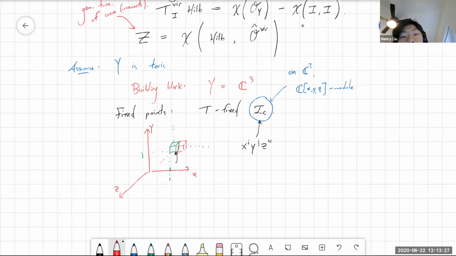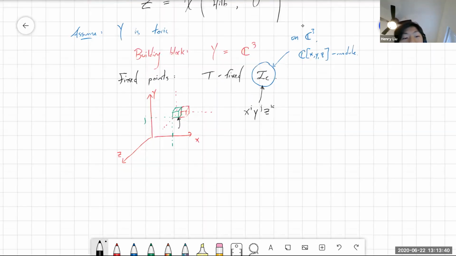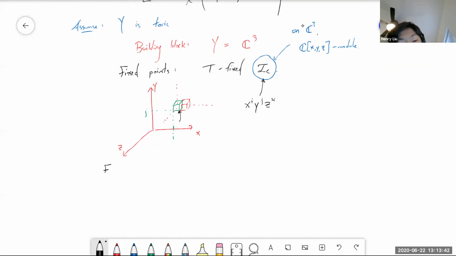Now, since you don't really want to draw an infinite number of boxes, you want to draw as simple of a diagram as possible. We're not going to draw the boxes for the actual ideal sheaf. So it's actually equivalent to just draw O of C instead of I of C, right?